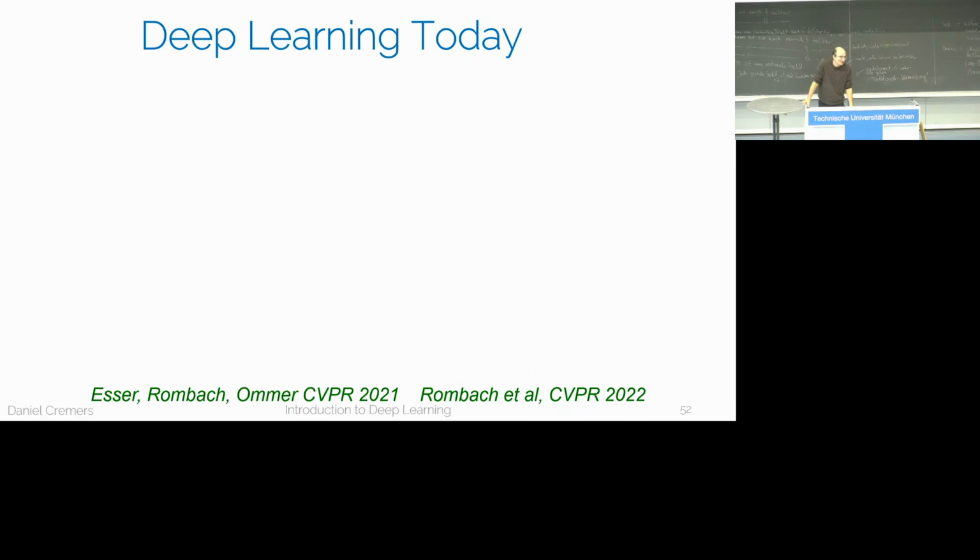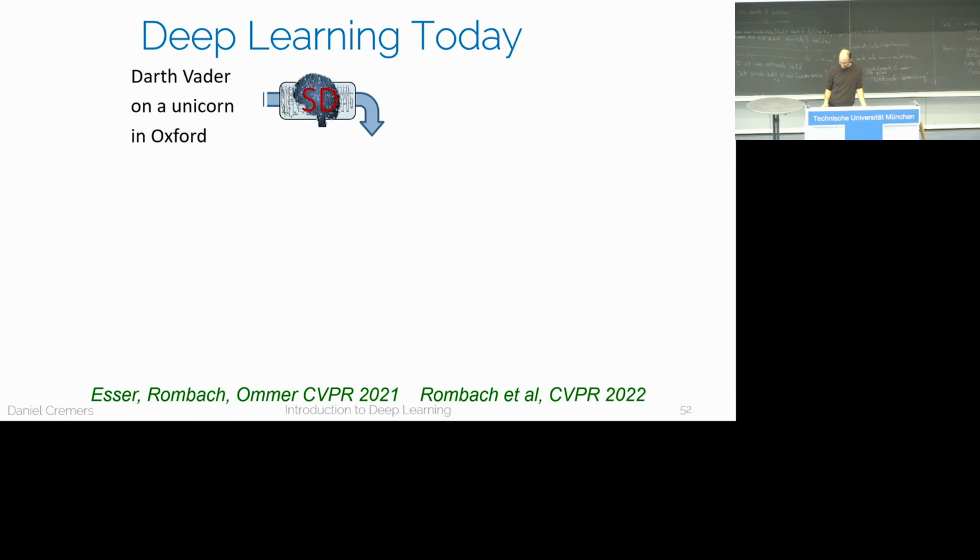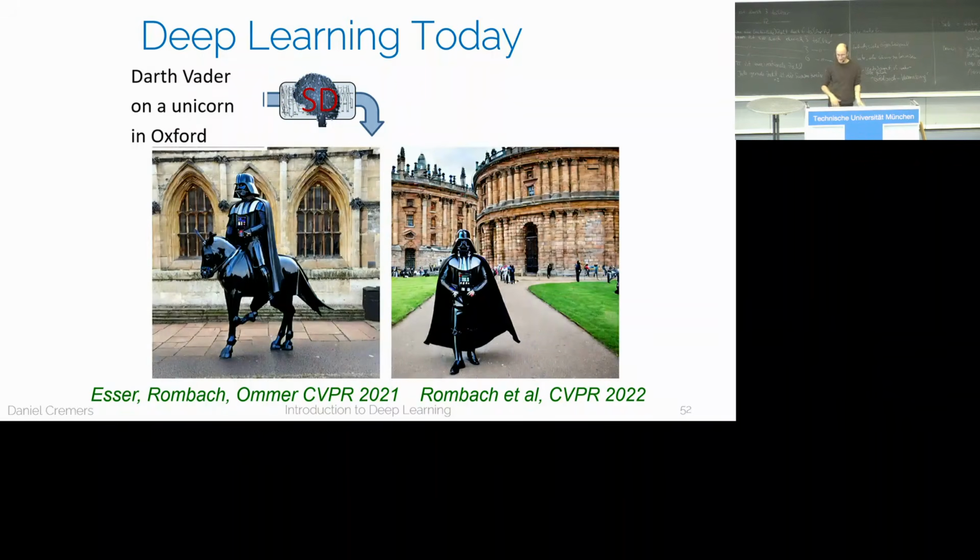And I was a bit lazy, so I went to the software that my friend Björn Ommer developed, Stable Diffusion, and I put in, generate an image of Darth Vader on a unicorn in Oxford, right? You put it in the machine, and a few seconds later, you get a set of images that show you Darth Vader on a unicorn in Oxford.